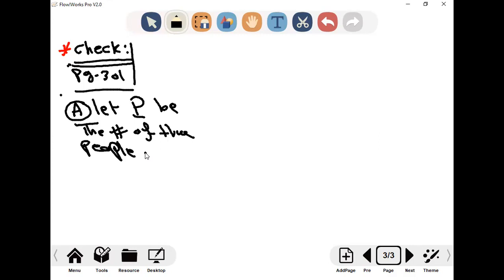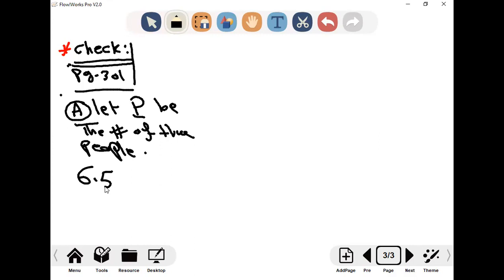Now each ticket costs 6.50. For P people? For 5 people, 5 multiply 6.50, right? 9 people, 9 multiply 6.50. For P people, P multiply 6.50, because we don't know how many people, right? So here's 6.5.